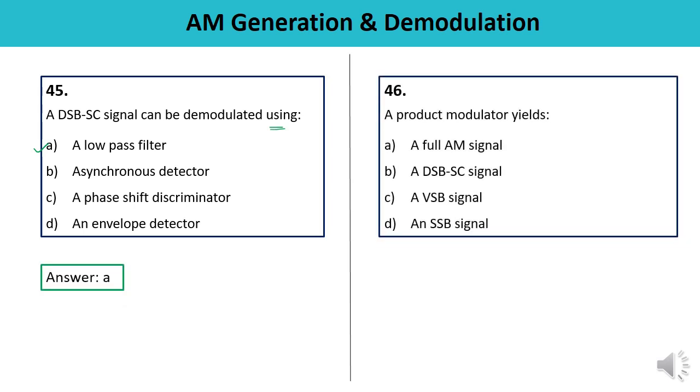Next question, a product modulator yields: full AM signal, DSB-SC signal, vestigial sideband signal, and SSB-SC signal. So a product modulator yields double sideband suppressed carrier signals. Only the carrier is suppressed, both the sidebands are present. It means you must mark B as the correct option.